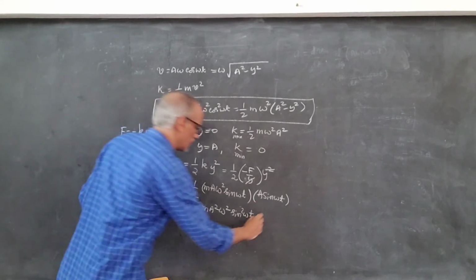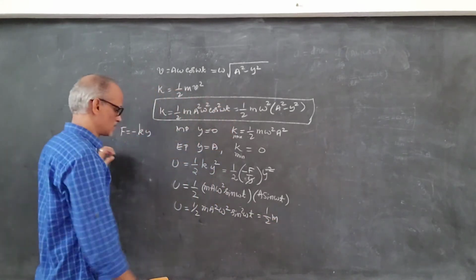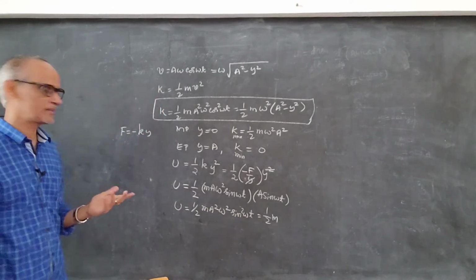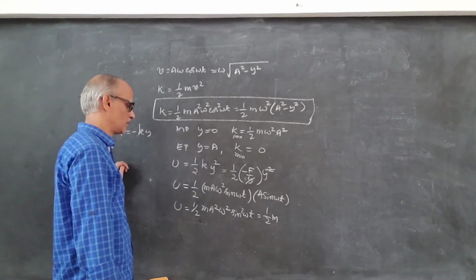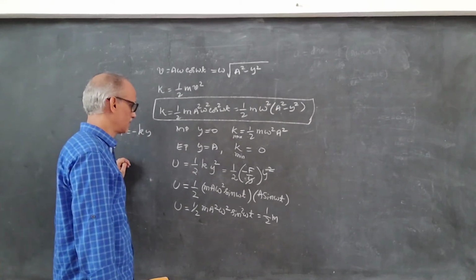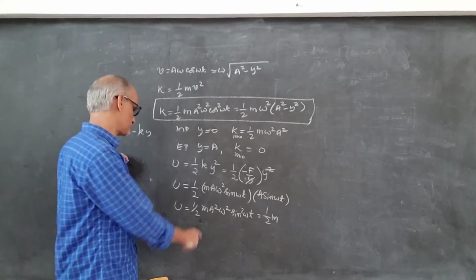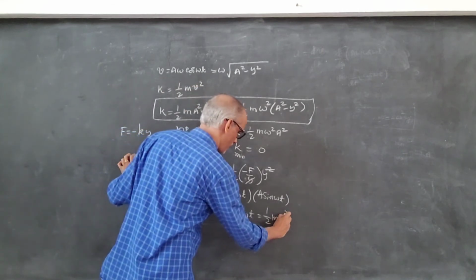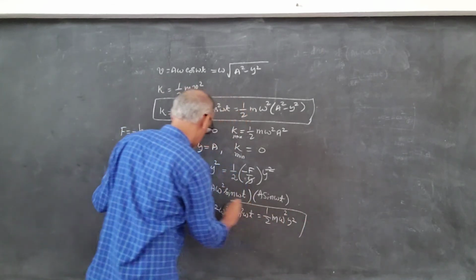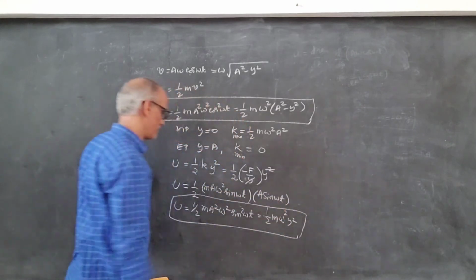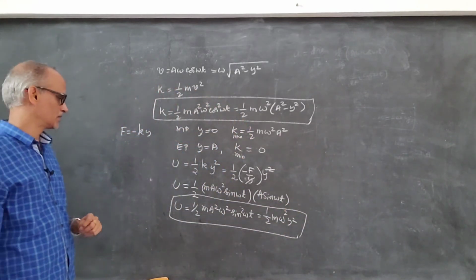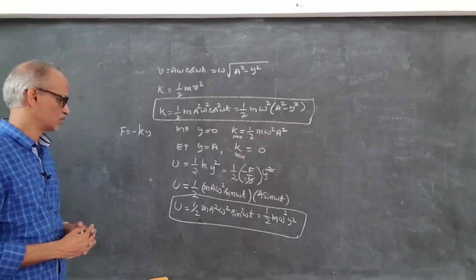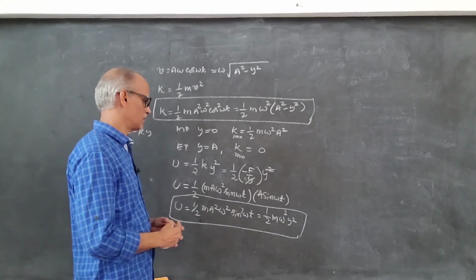That is also equal to half m, see here, a square sin square omega t is nothing but y square, correct. So therefore we can write it as half m omega square y square. So this is the expression for potential energy stored in a particle executing simple harmonic motion, half m omega square y square.